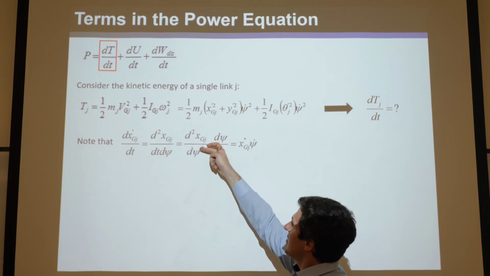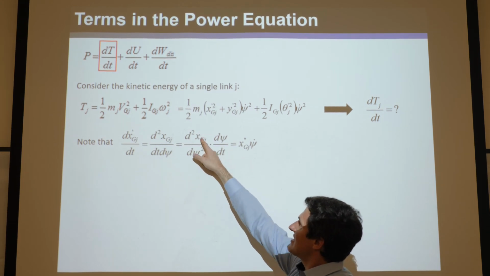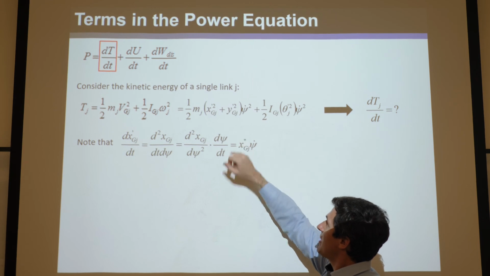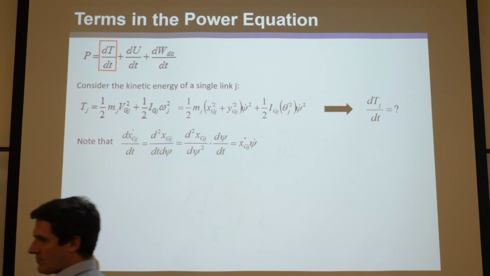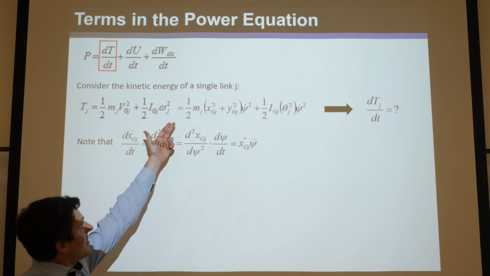You can see these would cancel out, and that would equal that. Hopefully you can see that's the second order kinematic coefficient of that point, xGj double prime, and that's times phi dot.